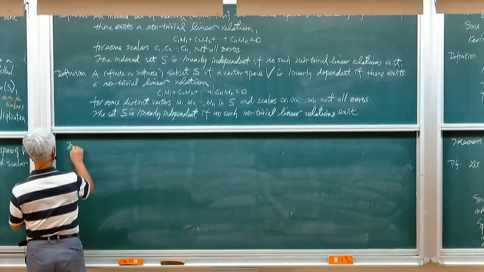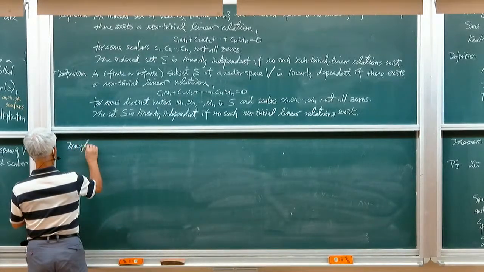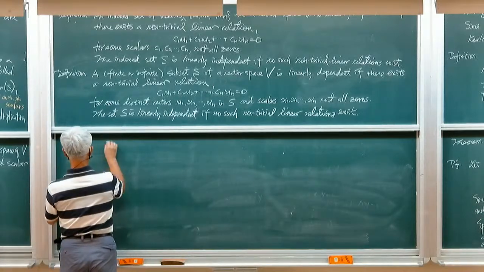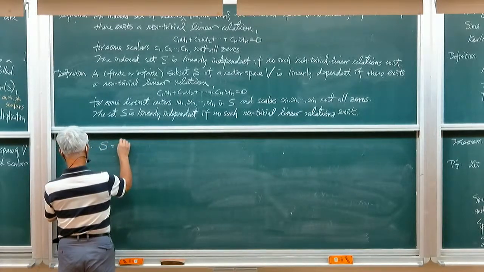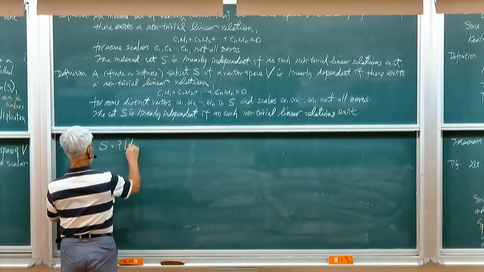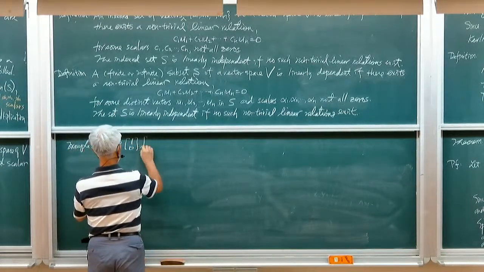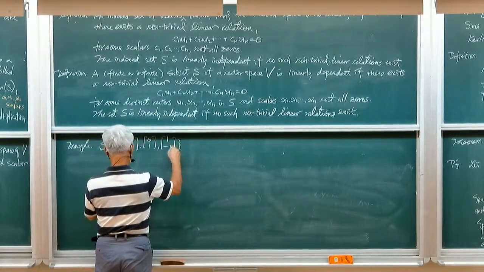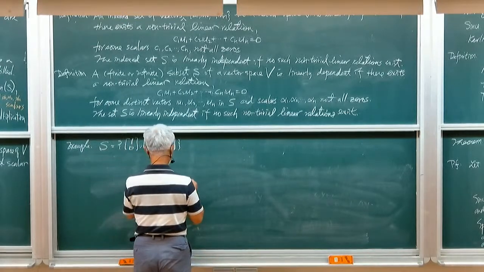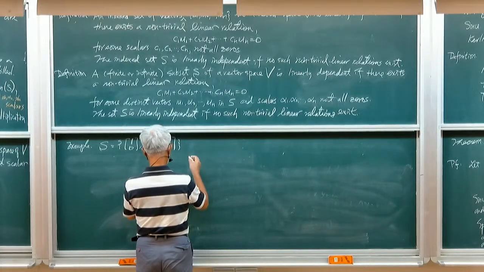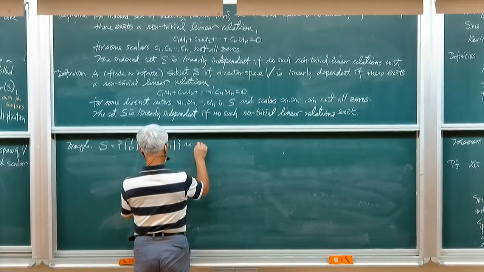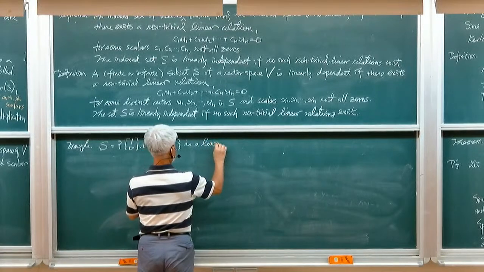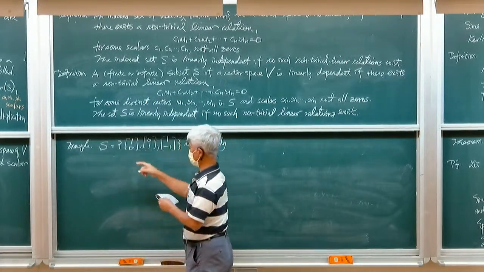All right, so let's take an example. Suppose X is the set of the vectors (1, 0), (0, 1), (1, -1). This set is non-indexed.